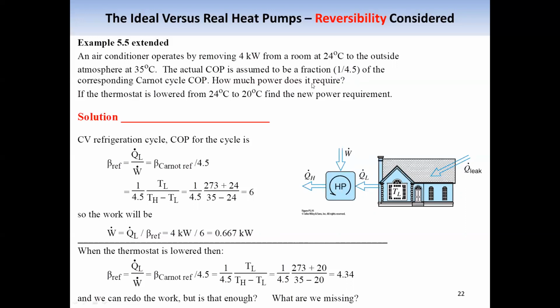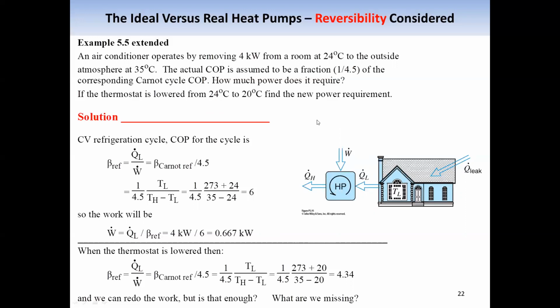Number two, if the thermostat is reduced from 24 to 20 degrees C for our comfort, what will be the new power requirement for this non-ideal air conditioner? Let's analyze the first part.